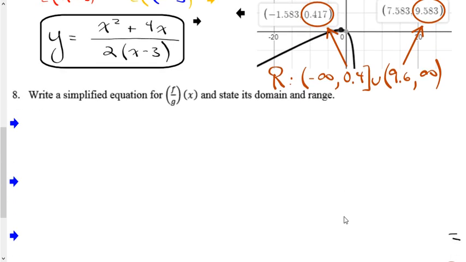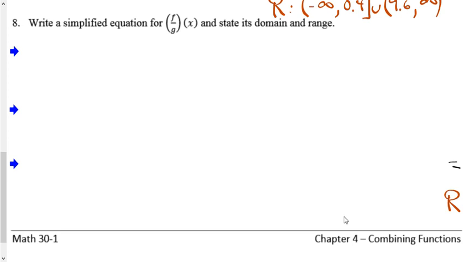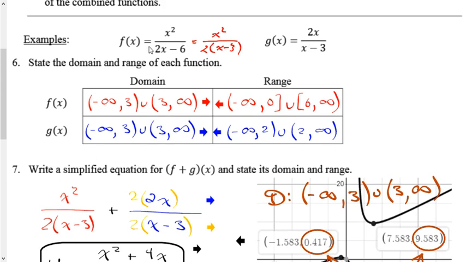All right, next question. We are going to do the division of the two functions and again state the domain and range. So this time, notice I chose not to write f of x over g of x. I chose this because my two functions are rational functions. If I do a rational function over a rational function, it's just a pain, like a fraction over a fraction.